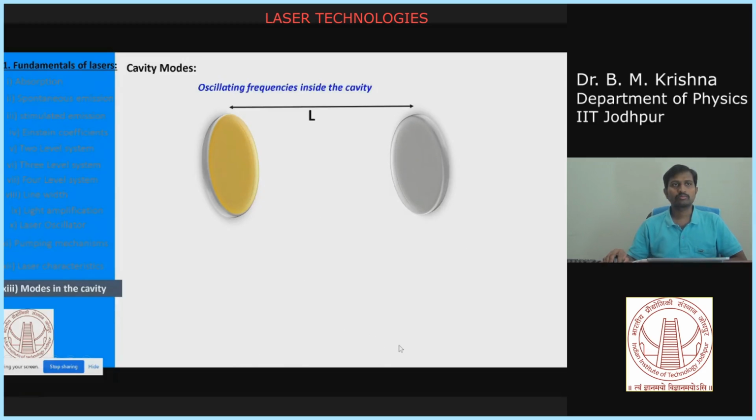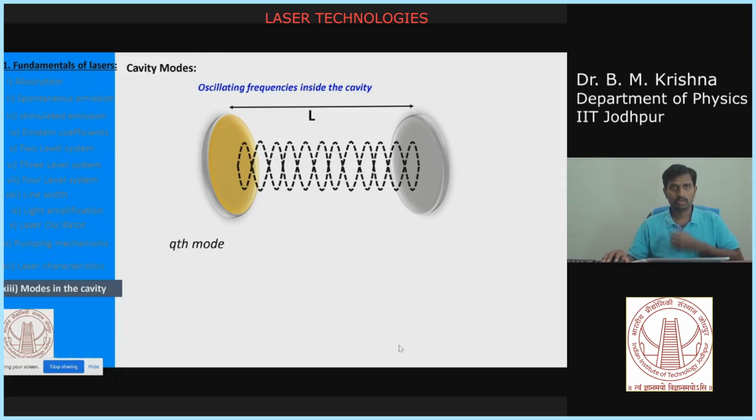So now I am taking the qth mode. So this is our qth mode. For the qth mode, the length can be q λ by 2, because it is integral, like you have λ by 2 and q times λ by 2.